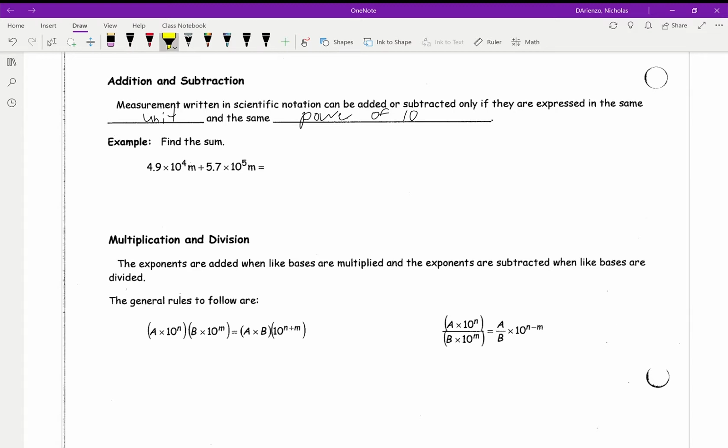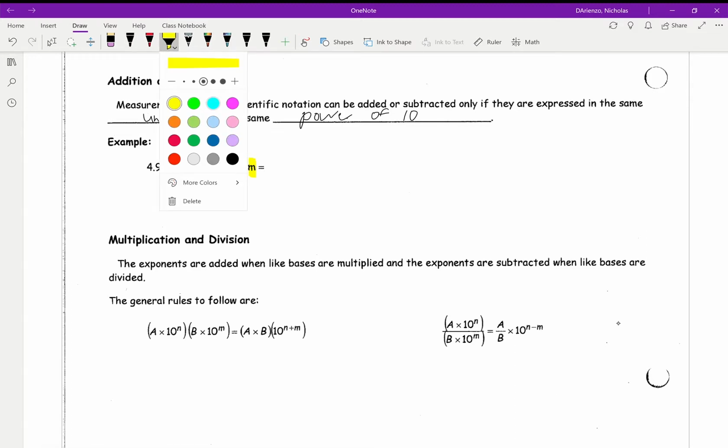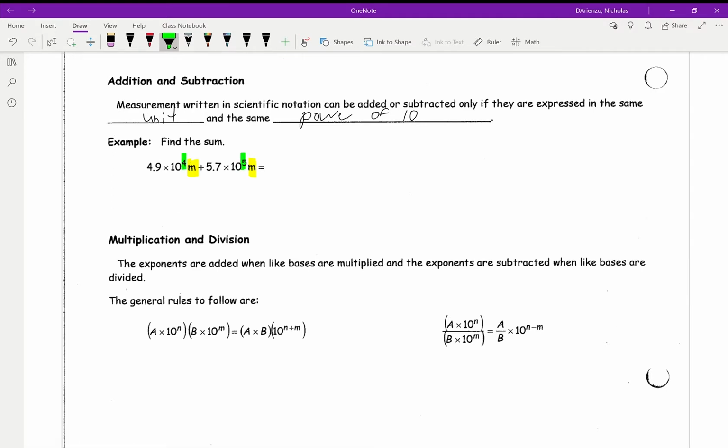So to start off, first example, we want to combine 4.9 times 10 to the 4th and 5.7 times 10 to the 5th. First thing we check, they're in the same unit, so we're good there. And their power of 10 is to the 5th and to the 4th. So we can't really do that off the bat.